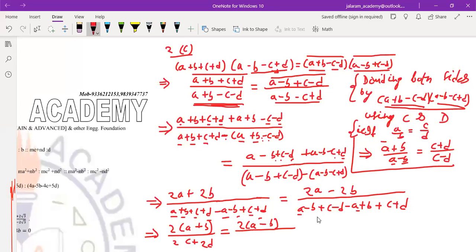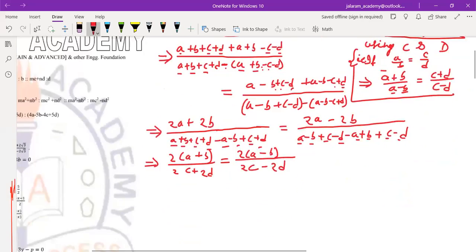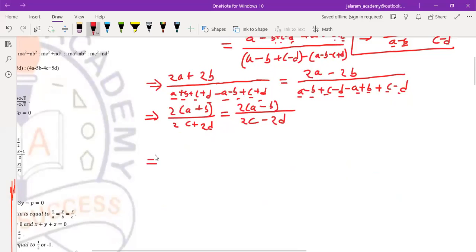A minus A cancelled out, minus B plus B cancelled out, plus C, 2C, and minus D, and this is also minus D actually. So 2C minus 2D. 2 from both the sides will be cancelled out.